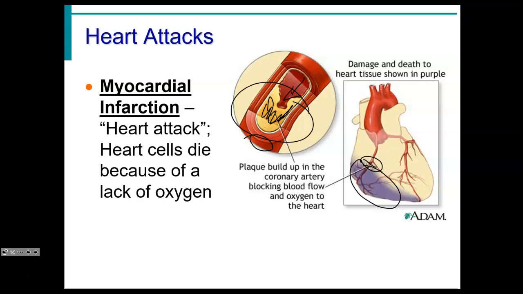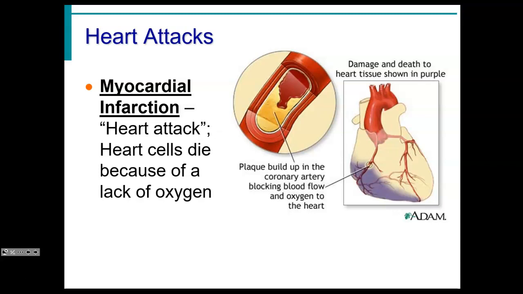And if the heart doesn't have blood supply, then what's it not going to be able to do? Anything. It's not going to be able to contract, it's not going to be able to pump. And if your heart can't pump, then your body doesn't get blood, and your body doesn't function either. So, kind of important for it to keep beating, right?